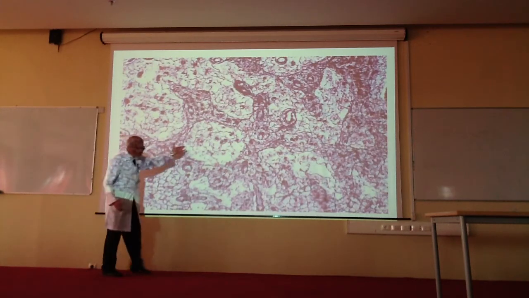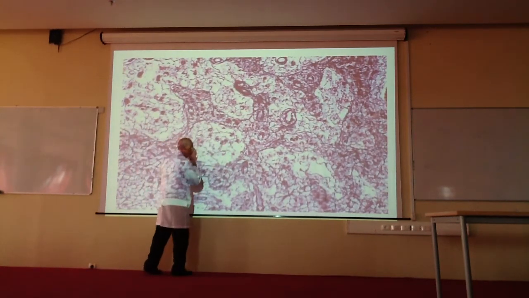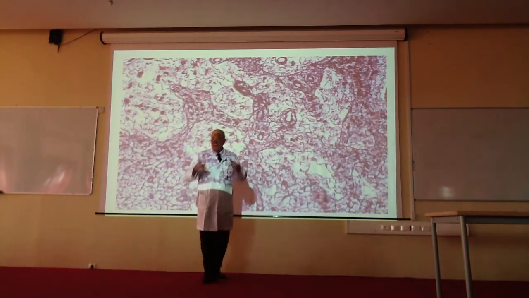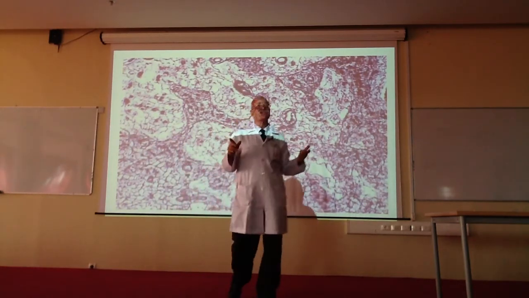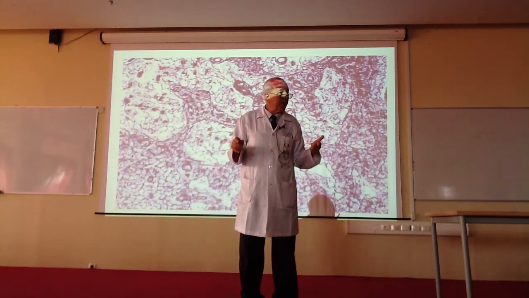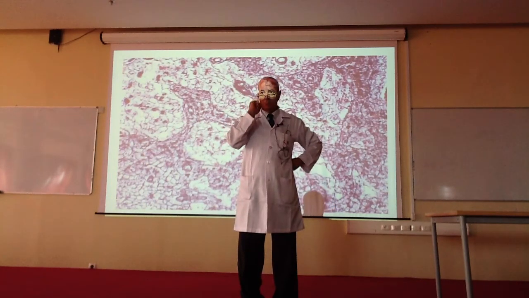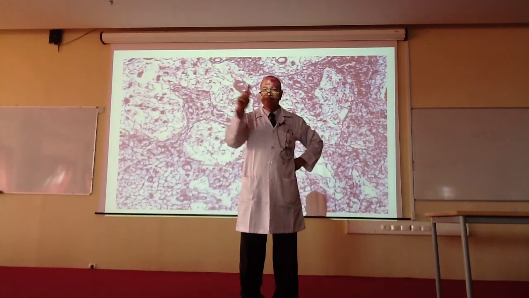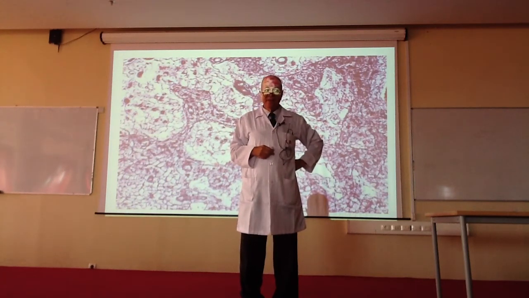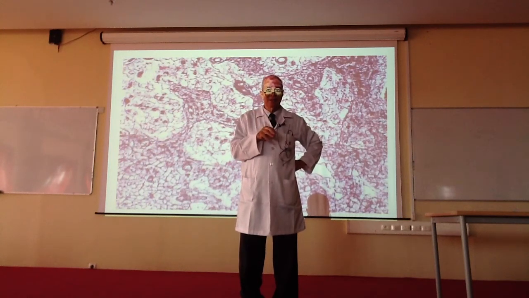You see this structure? It's rounded. So, the liver cells: what is the shape of the lobules in the liver? Hexagonal or pentagonal? Hexa has 6 sides, penta has 5 sides, with a central vein in the center.